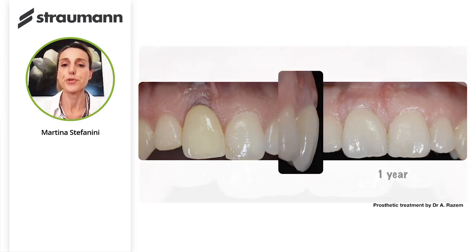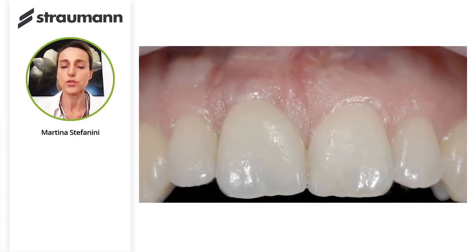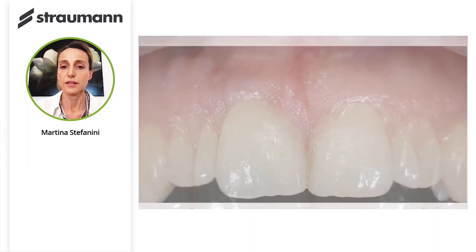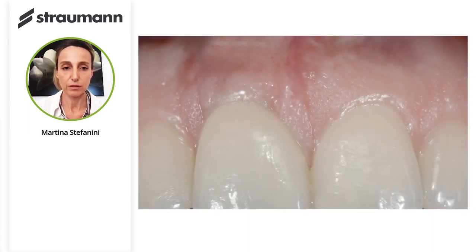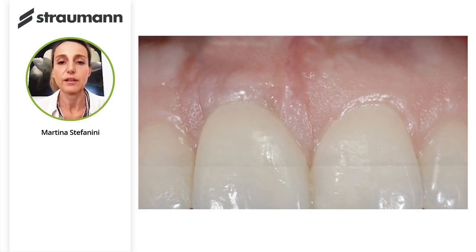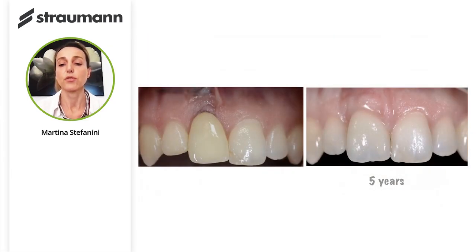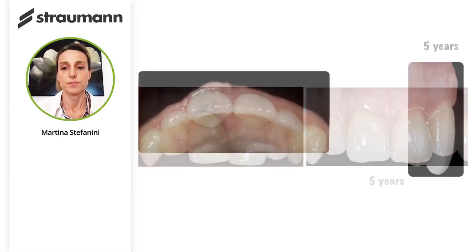As you can appreciate in the profile pictures, and the natural aspect of the soft tissue and the natural emergence of the crown from this healthy and thick peri-implant soft tissue that will ensure the stability of this nice result up to 5 years.